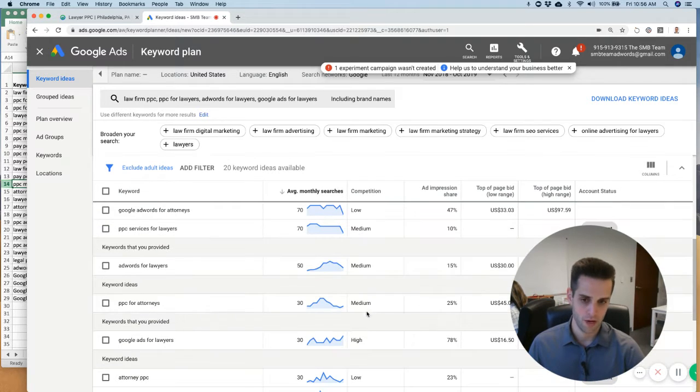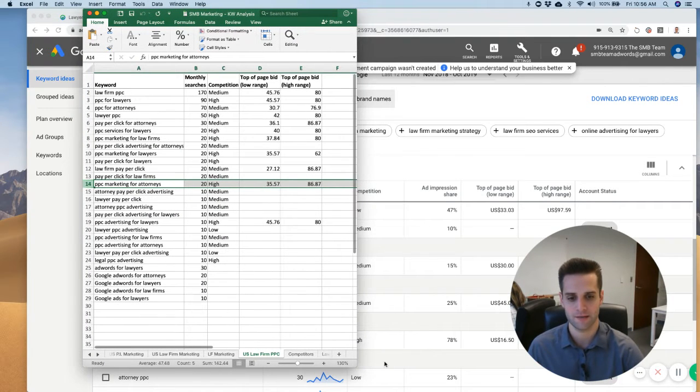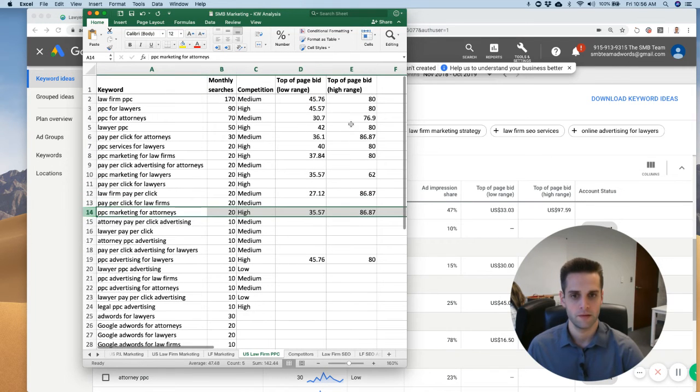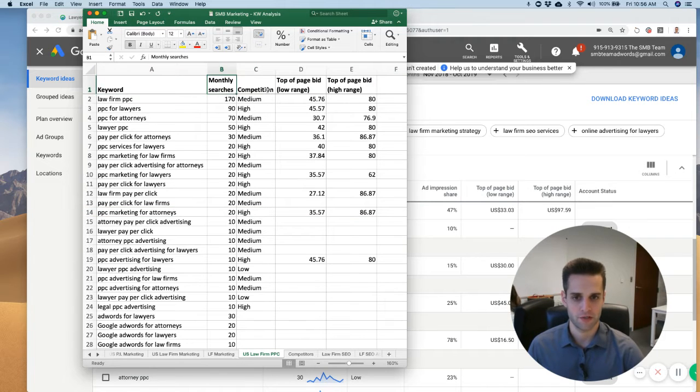So what we do here as part of our keyword analysis process is we first create this list, we export it to an Excel sheet that looks like this, okay? Zoom in. And we just keep 5 columns: keyword, monthly searches, competition, top of page bid high.